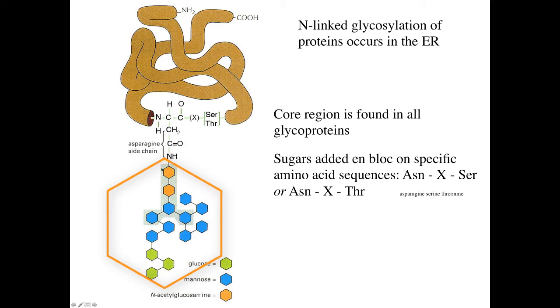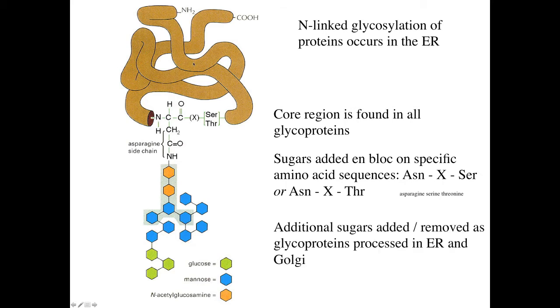Now, it turns out that there are 14 sugars. This core of 5 sugars, N-acetylglucosamine, N-acetylglucosamine, mannose, mannose, mannose, and then additional mannose residues and glucose, glucose, glucose. All of these are added en bloc, all at the same time, anytime a sequence like this is encountered in the protein, and they're added as the protein is translocating across the ER membrane.